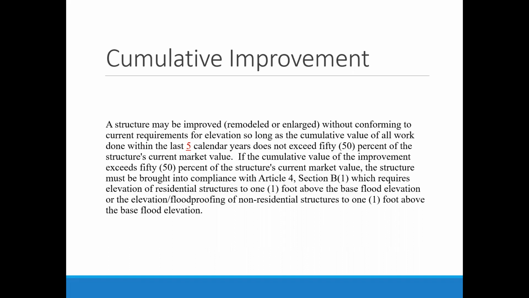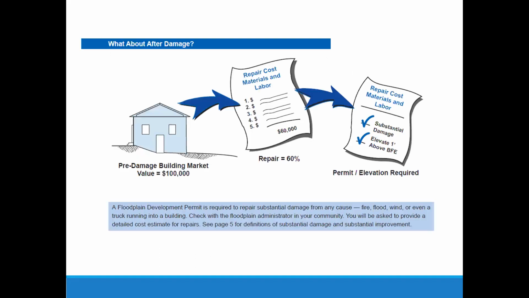So if they did like a 25% improvement as far as market value, and then in the next 2 years were flooded, we would have to add those two things together, and then they might hit that threshold. You can also adopt a lower threshold than 50%, maybe 30%. An improvement or damage could move that threshold if you choose to adopt higher standards. We're always encouraging people to adopt higher standards.